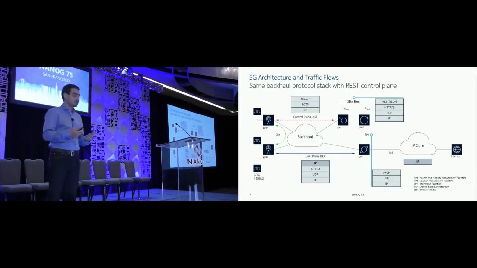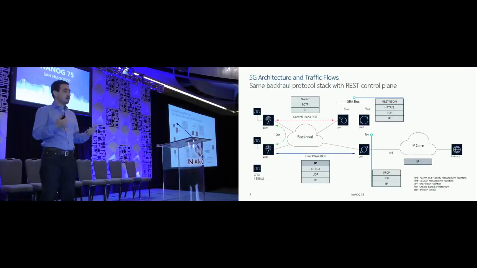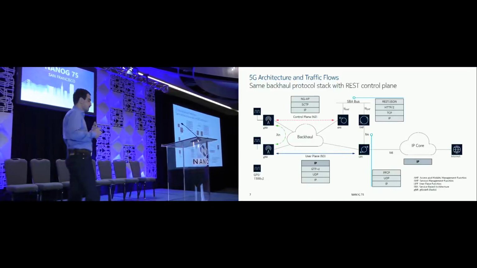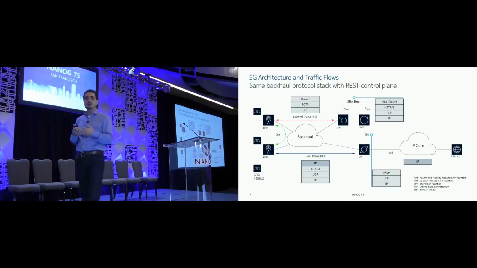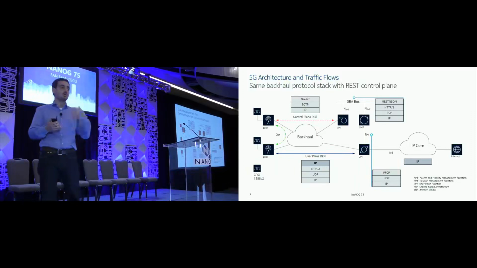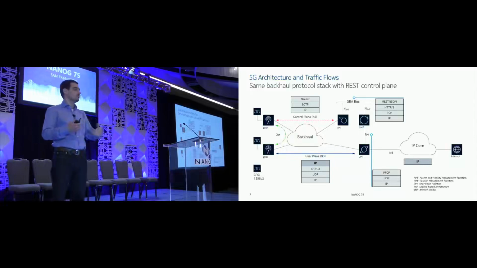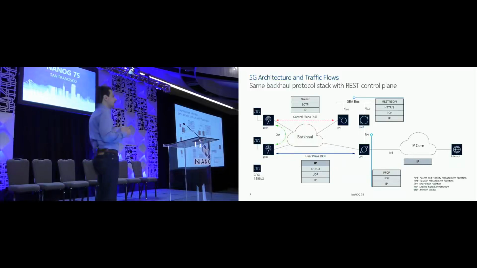That is pretty good news because it facilitates reusability of all of these functions and makes standardization much easier. And then the other thing that I wanted to mention here is the N4 interface. As I mentioned, this is very similar to an SDN type of scenario where the SMF programs flows in the UPF, and the protocol used for that is very similar to GTP-C.